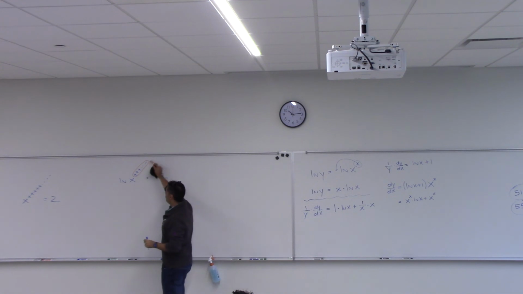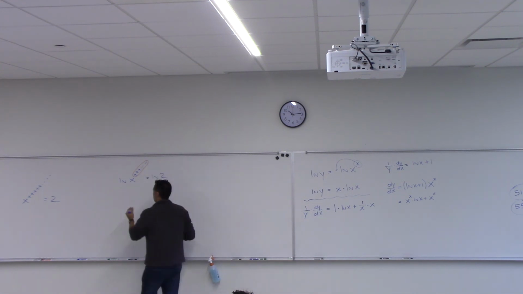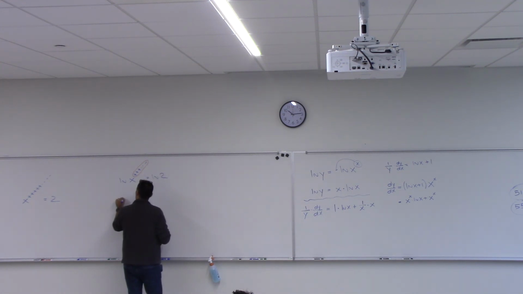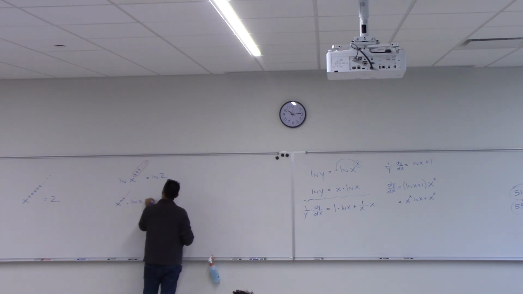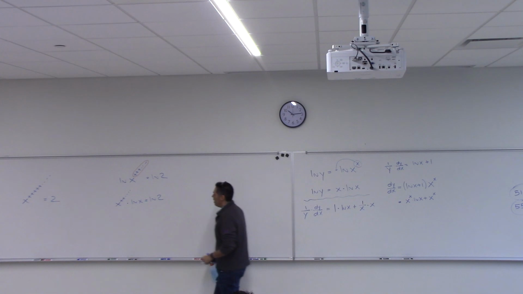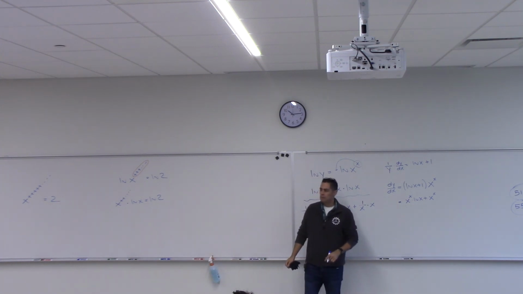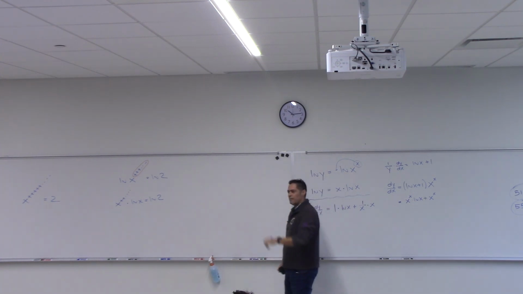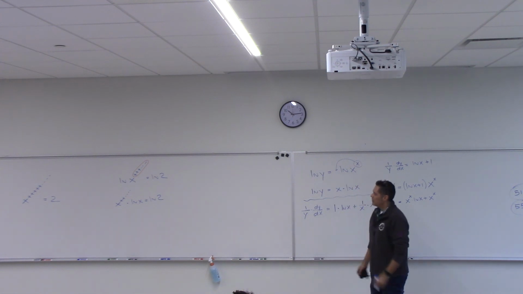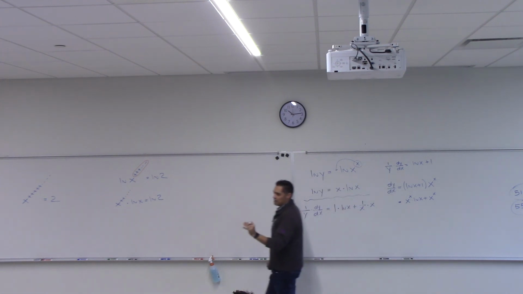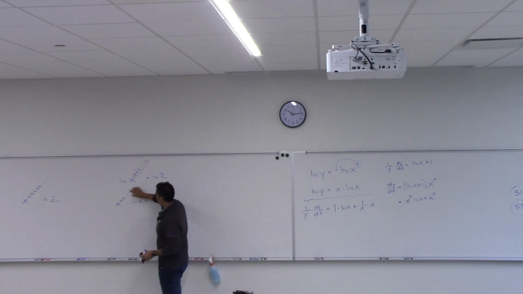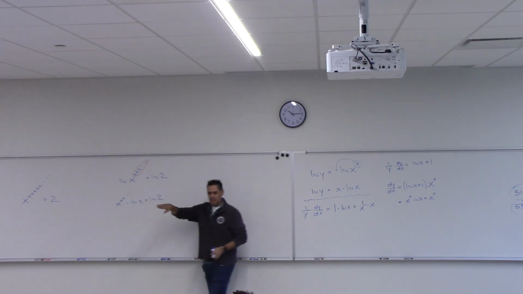It's not to the n, this goes forever. So now what I have is this: x to the x forever times natural log of x equals natural log of 2. You buy that? Is there notation for forever? Dot, dot, dot. Literally. It's usually 3 dots. It implies forever.